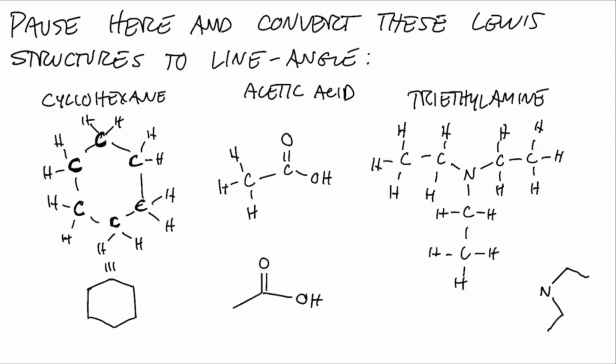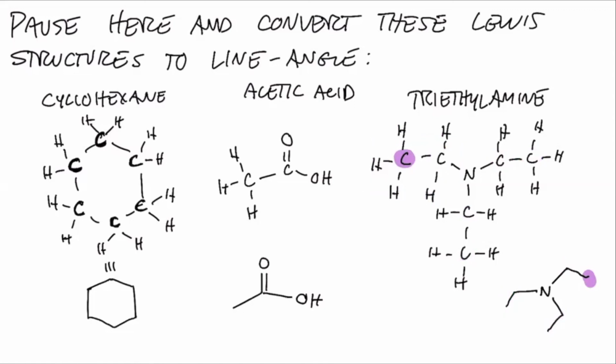CH2, CH3, CH2, CH3. And that's it. So remembering that each of our endpoints here is one of these CH3 carbons, and each of our vertexes is a CH2 carbon. Okay, hopefully this color coding is helping you out a little bit.